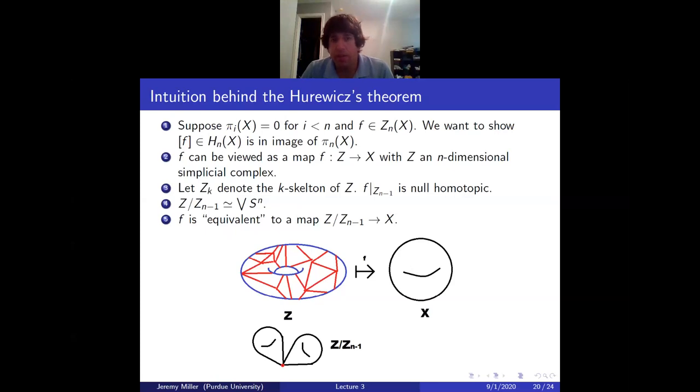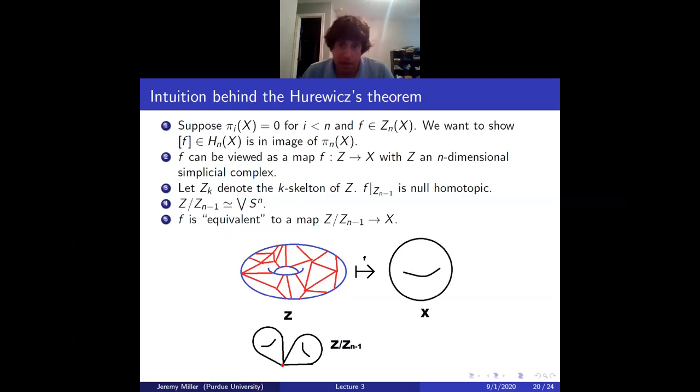So let's think about why that might be true. The Hurewicz theorem is stronger than this, but this might give you a flavor of why it's true. You can think of what F is. F is a sum of maps from simplices. You can assemble those things together, they don't have boundary, so you can view F as a map from an n-dimensional simplicial complex into X.